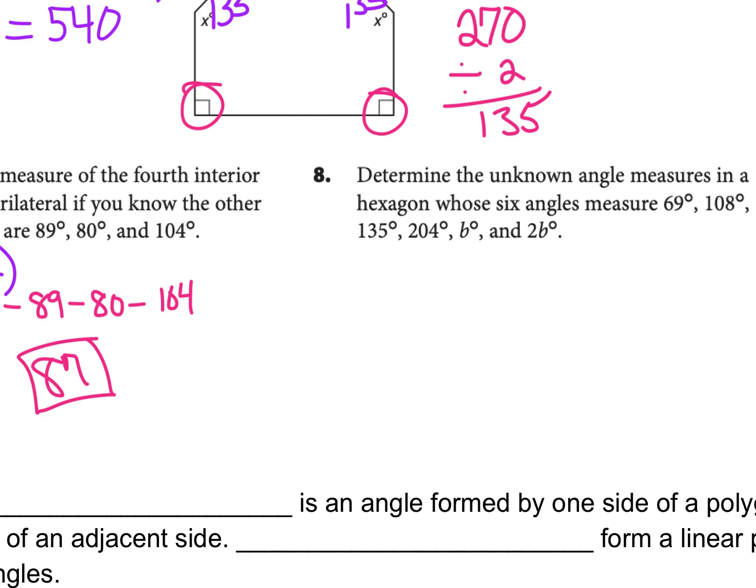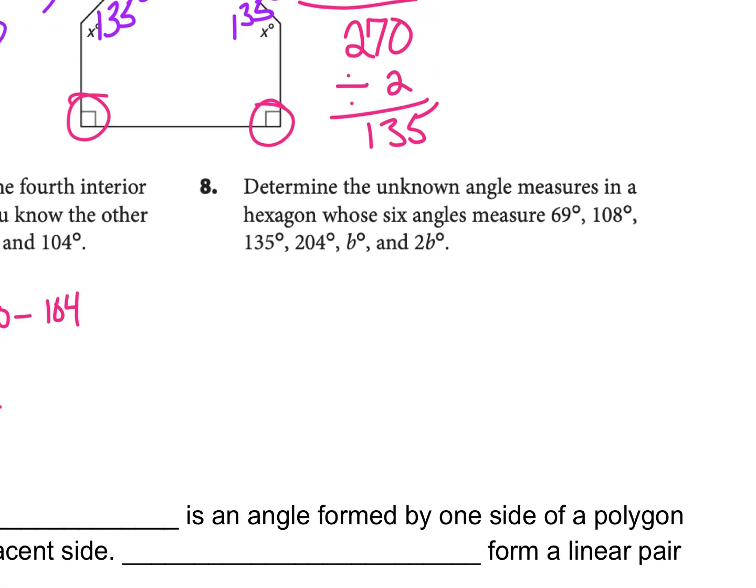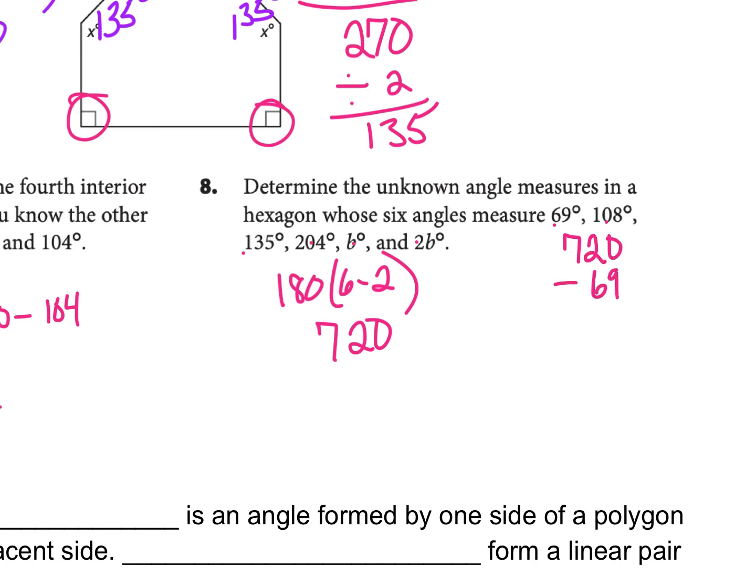Again, a hexagon has 6 sides, 1, 2, 3, 4, 5, 6. And we're going to find out how much they all add up to be. So 180 times 4 is 720. Then we take that 720 and subtract.